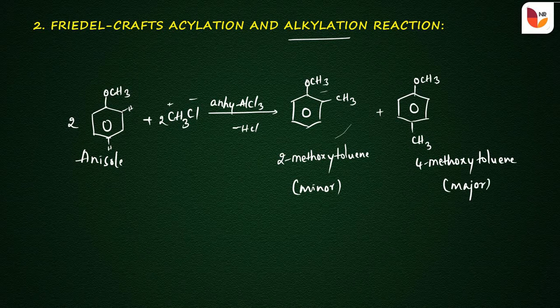That is, when anisole reacts with methyl chloride in the presence of anhydrous aluminum chloride as a catalyst, or the reaction takes place in the presence of CS2, the mixture of 2-methoxy toluene and 4-methoxy toluene is obtained. So this reaction is called the Friedel-Crafts alkylation reaction. That is, the alkyl electrophile is attached at the ortho and the para positions.